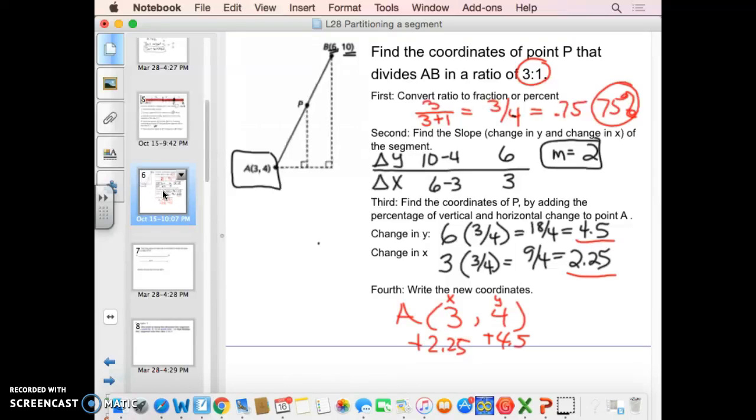And that will give me my new coordinate, P. So P is at 3 plus 2.25 is 5.25, comma, 8.5. So my coordinate P right here is at 5.25, comma, 8.5. If you figured that out all by yourself, you're pretty amazing.